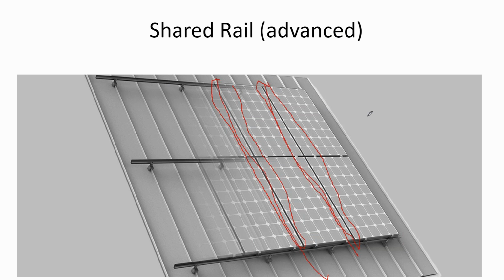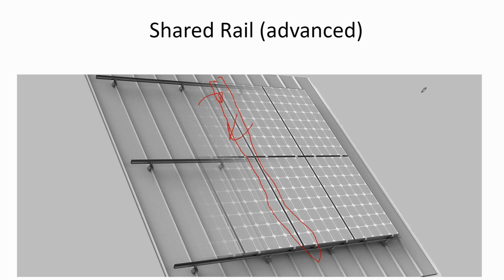What happens, that I think is really neat, is that normally this is a little air gap, and so rainwater can fall into that gap and get underneath the array. But if you use a shared rail system, at least for this gap right here, you can collect the water inside the rail and kind of gutter it down to the bottom of the rooftop.